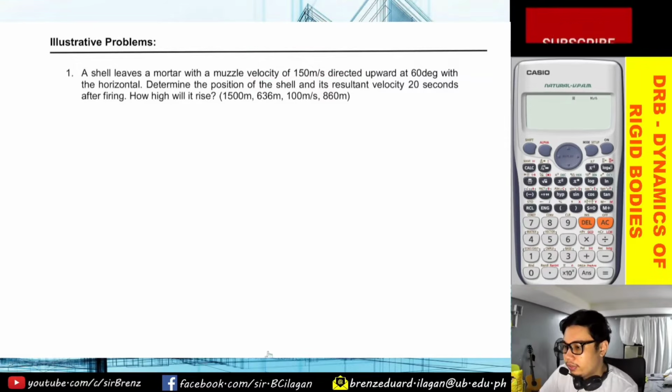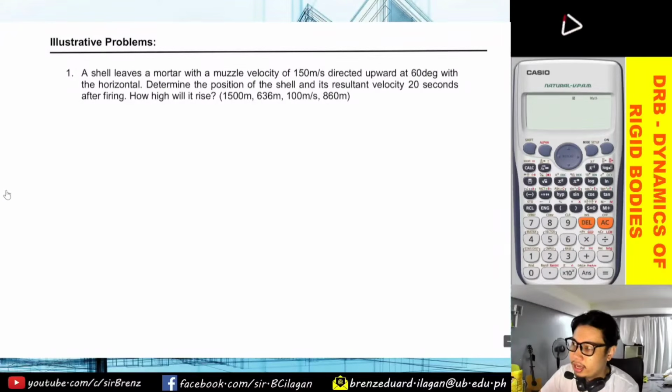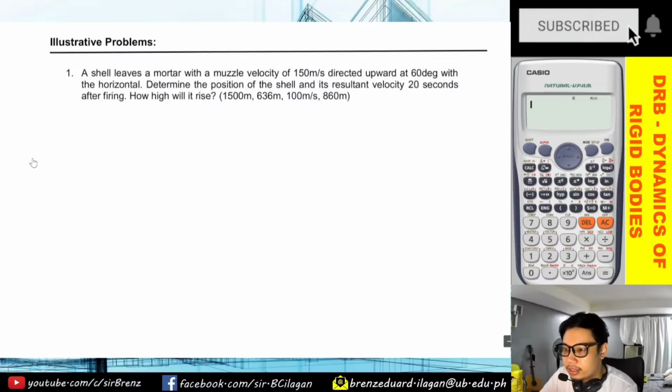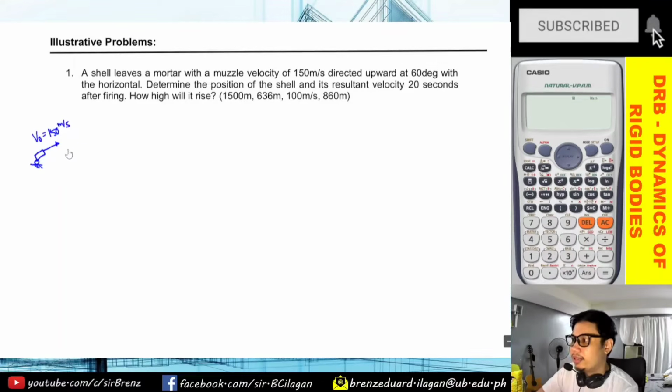Okay guys, so let's start with the first problem. So, basahin muna ulit natin. A shell leaves a mortar with a velocity of 150 meter per second and it is directed upward at 60 degrees with the horizontal. So, meron ka daw ditong mortar. So, it has an initial velocity of 150 meter per second and it is directed upward.